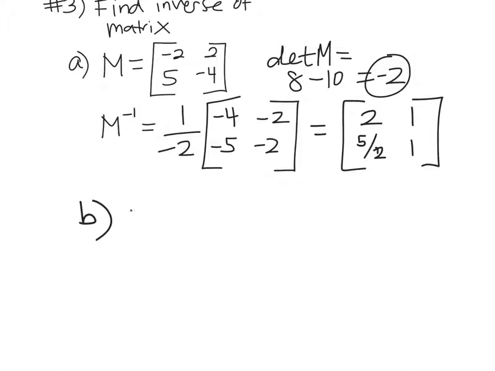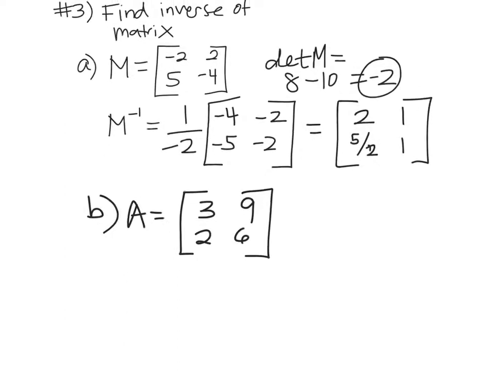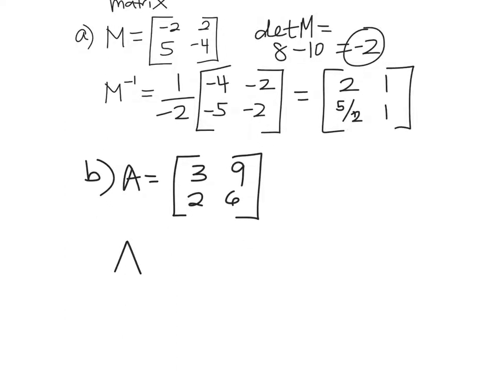Matrix A equals 3, 9, 2, 6. And I want you to find A inverse. What are you doing?